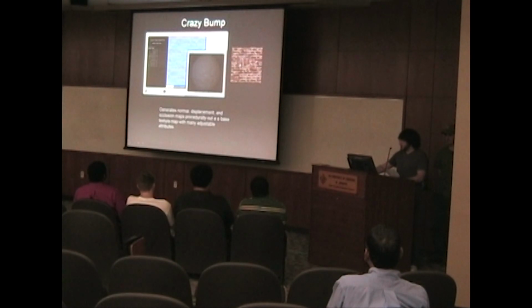You feed it into Crazy Bump, and it'll spit out the normal map for you, and even give you an example of what it looks like if it was plastered onto a sphere, or whatever else you'd want. It also is able to generate displacement maps, normal maps, and occlusion maps, or any other sort of maps that you might need. And it also gives you a bunch of properties that you can adjust to fine-tune your normal map.